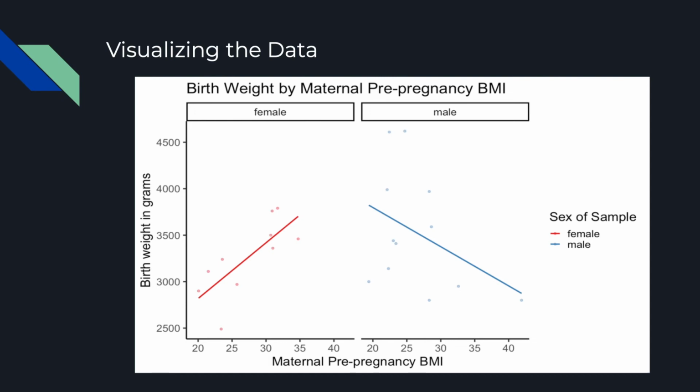Looking at this right away, we can see that there is definitely a positive correlation on the side of the female and what looks to be an almost negative correlation on the side of the male. So just by looking at this, it's almost the opposite of what we predicted. We predicted that there would be a correlation with the males in the study, and instead we're seeing the reverse.